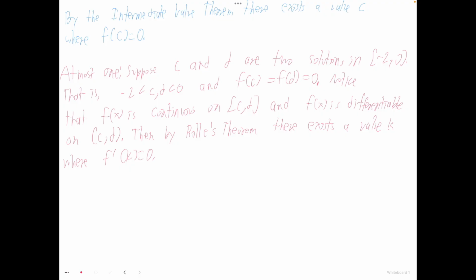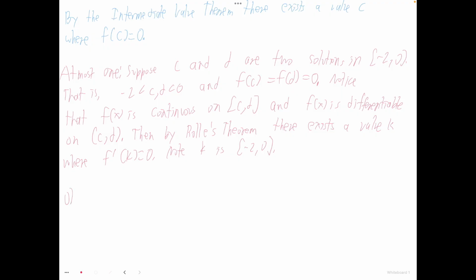Okay, so all of that, basically the same idea we did before. Now this value k is between c and d. But it's also then between negative 2 and 0, because c and d are between negative 2 and 0. And so just note k is in the interval negative 2 to 0, because it's between c and d.